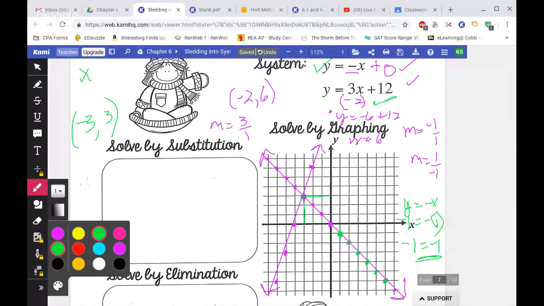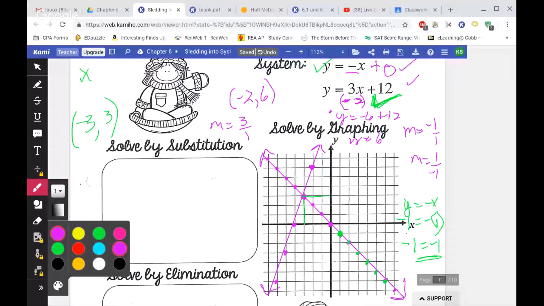Okay, so because I was looking for an ordered pair that would fit on this line, that's why I picked this particular one, because that would be 1, 2, 3, 4, 5, 6. See, it was -2 and 6.